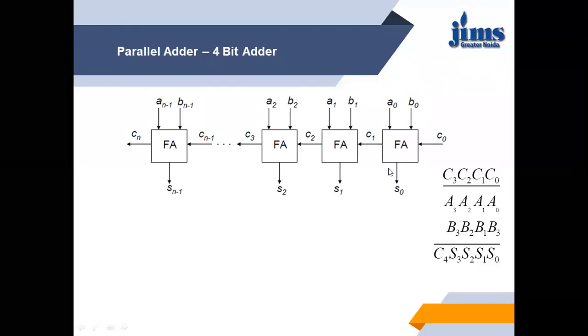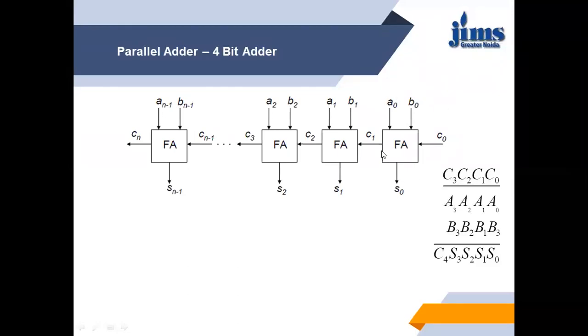When this adder works, it will produce a sum and a carry. That carry will be forwarded to the next bit. In the next bit, we are adding A1, B1, and the input is C1. It will produce sum S1. The next carry will be forwarded to the next bit. The next bit will add A2, B2, produce sum S2, and the next carry.